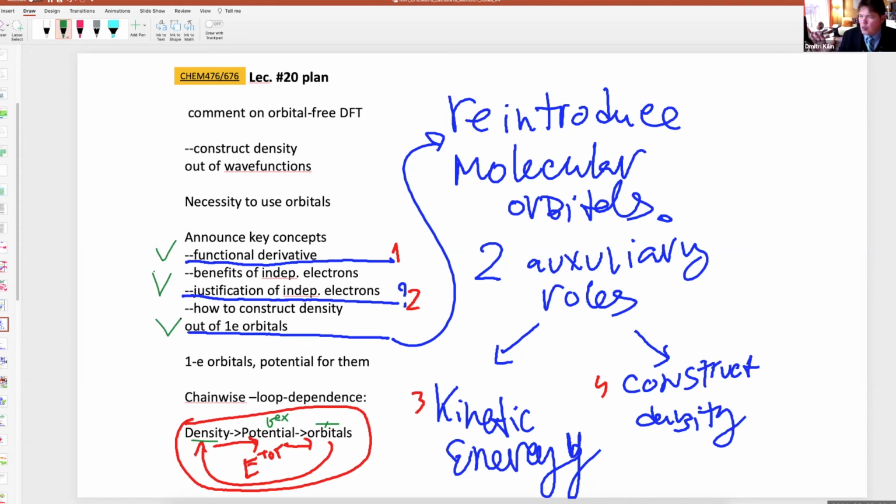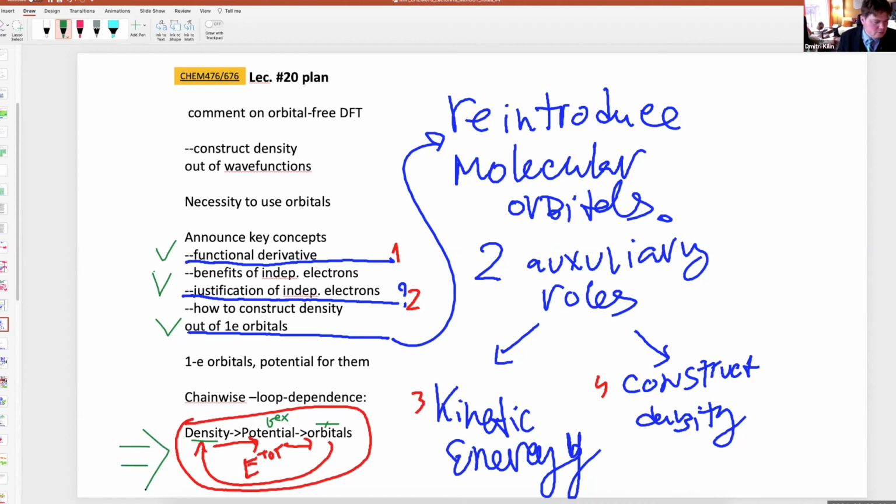From homeworks, you are already successful in plotting orbitals, but now we need to discuss how these orbitals help to construct total density. With all these procedures, we will be able to arrive at our main goal for this self-consistent iterative procedure.